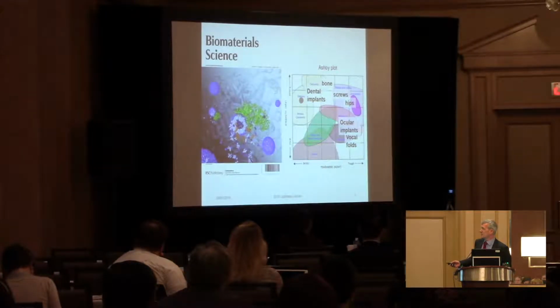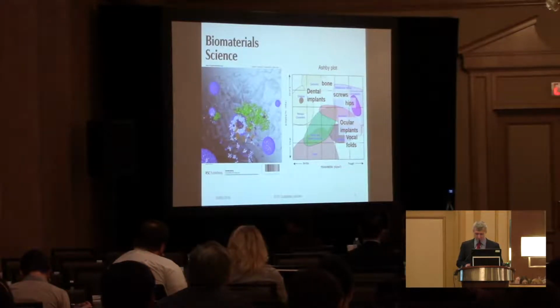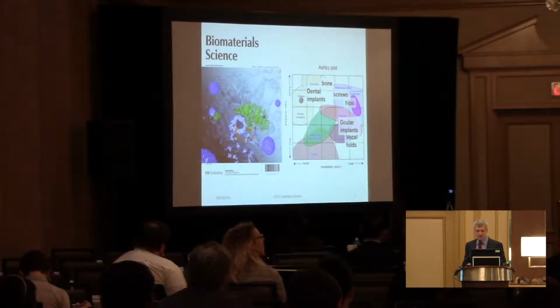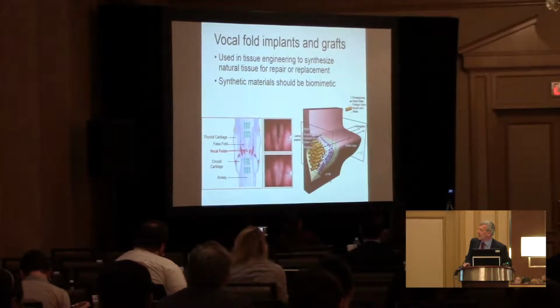If you look at materials that are softer, for soft tissue implantation, these are obviously less strong, but they do have to undergo large deformation. So you're looking for materials that are tougher. For organs such as the vocal fold, soft materials that are tough are basically what you want.